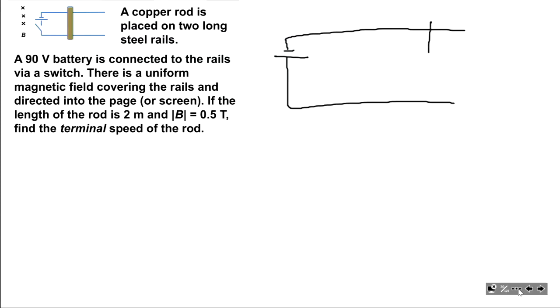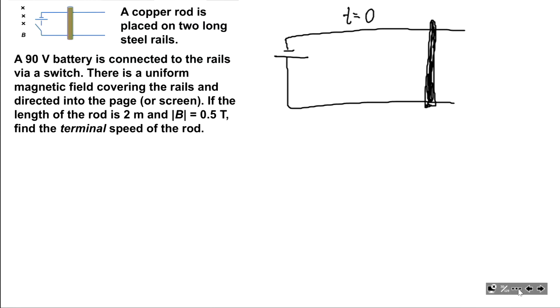So we have a rod. And again, first we need to consider what is happening at t equals 0. We just closed the switch.